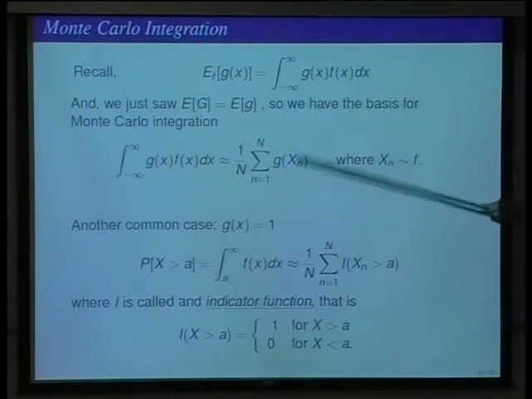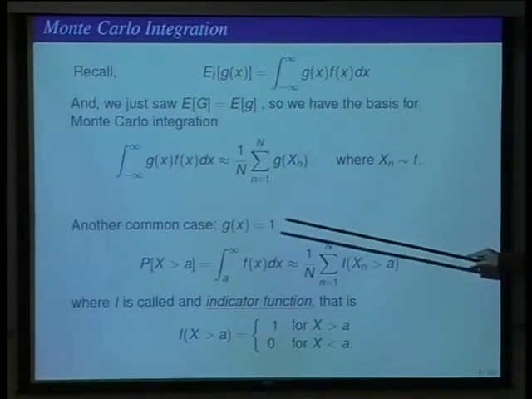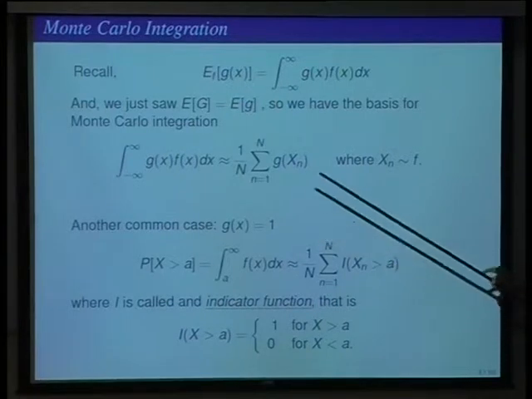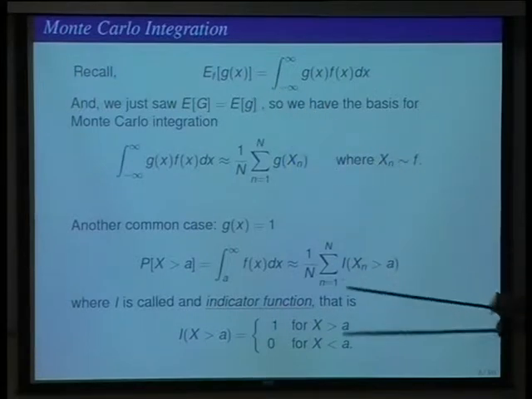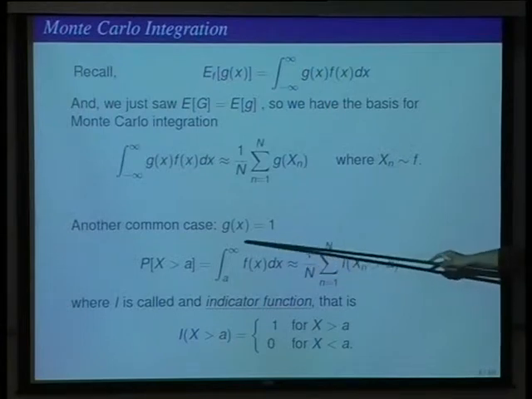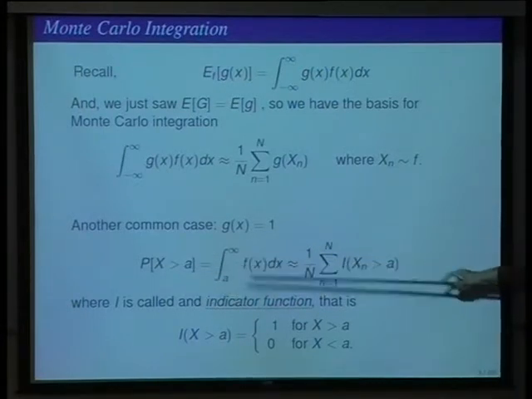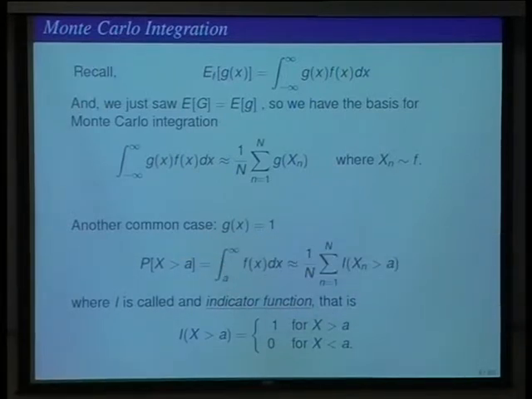So this is sort of one case I'll be talking about. And in some ways they're the same thing. They're not different, but it's useful to think about them differently. So I'll be talking about this case where we're interested in estimating the mean or some quantity that really depends on the mode, the bulk of the distribution. Another common case would be where our function g is 1. That gives us just the probability. Yesterday, this was our definition of the probability that x is bigger than a.